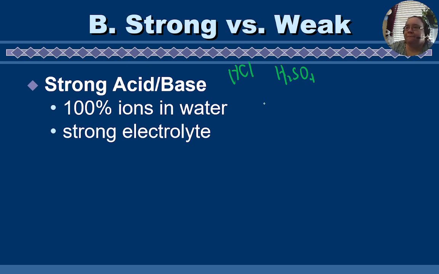Our strong bases: most of your group 1 metals form strong bases, lithium hydroxide, potassium hydroxide, as well as many of your group 2 elements. So calcium hydroxide and strontium hydroxide, for example, are strong bases.